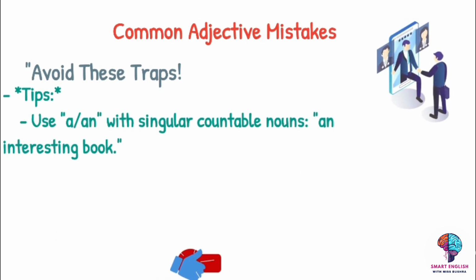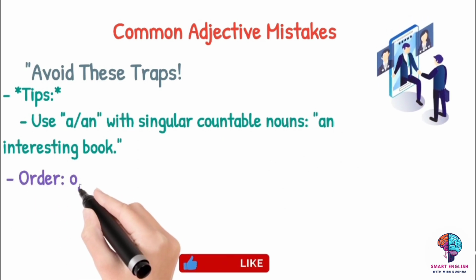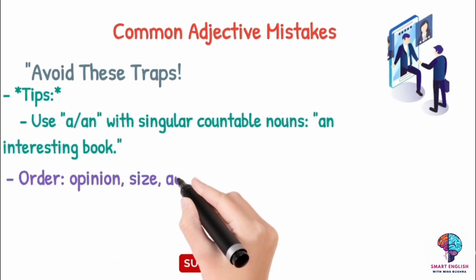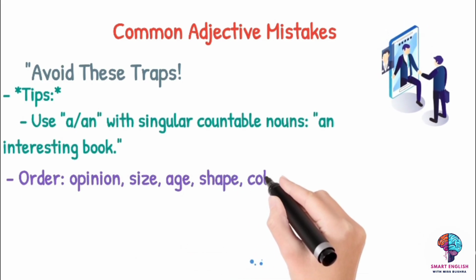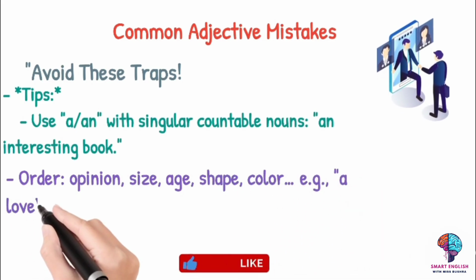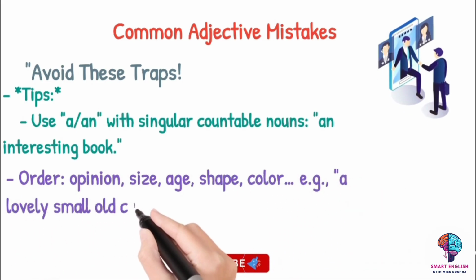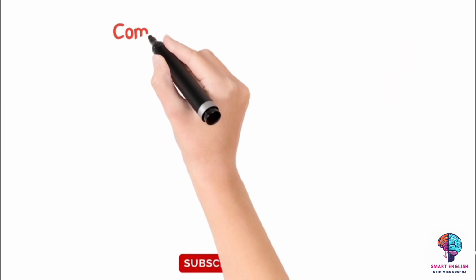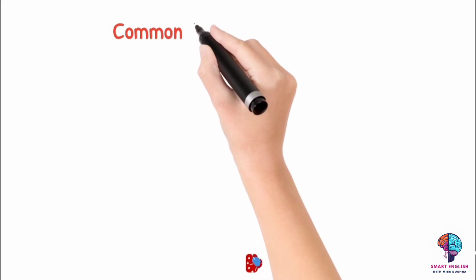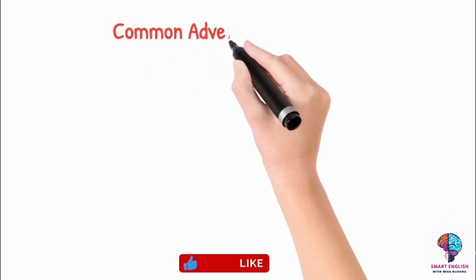Try to avoid an with singular countable nouns, like for example, an interesting book. Order, you can say, opinion, size, age, shape, and color. For example, in our speaking, we usually make mistakes like this. So try to avoid these mistakes.